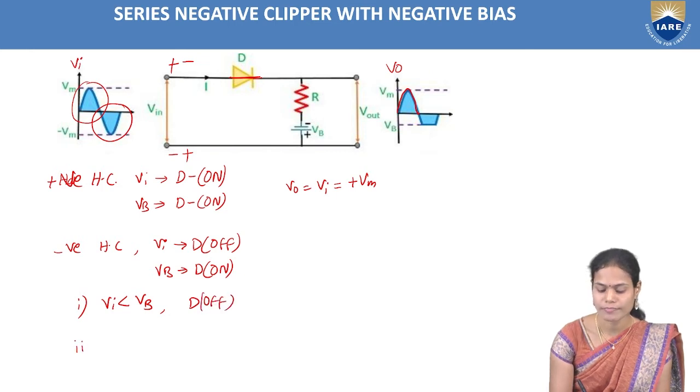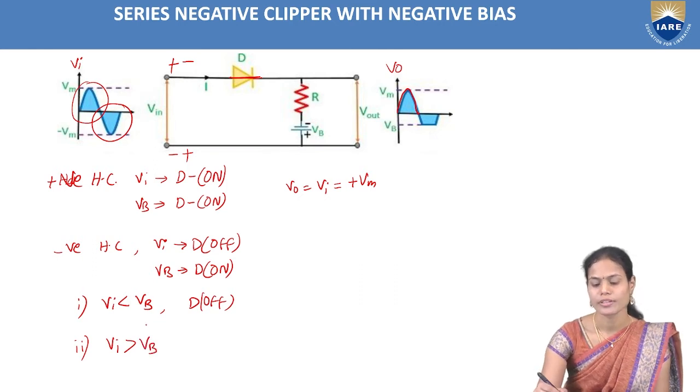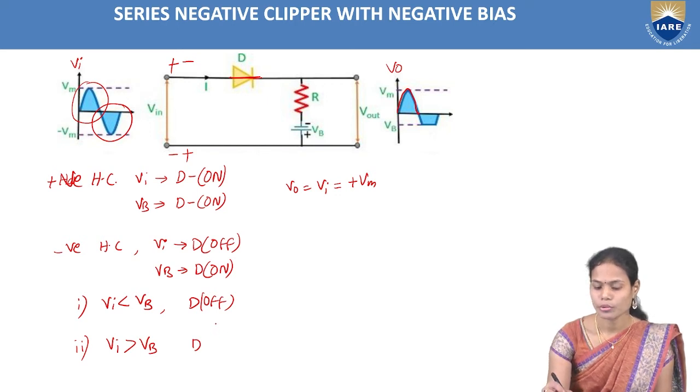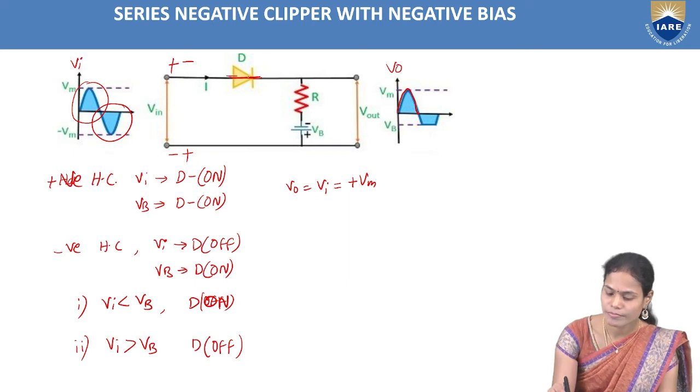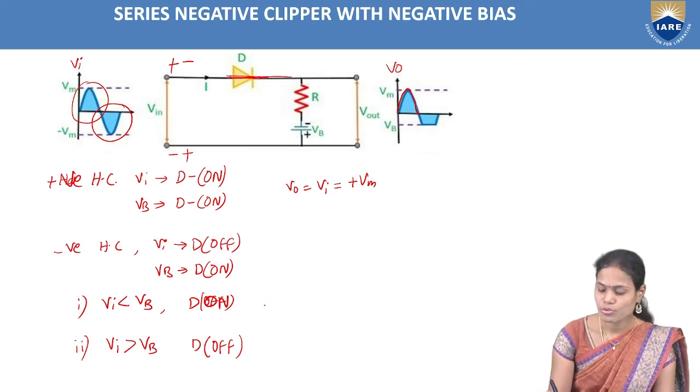Similarly, if the input voltage exceeds the battery voltage, at that time the diode will enter the on state. Once the diode is in the on state, it provides a path, so the voltage flows like this.